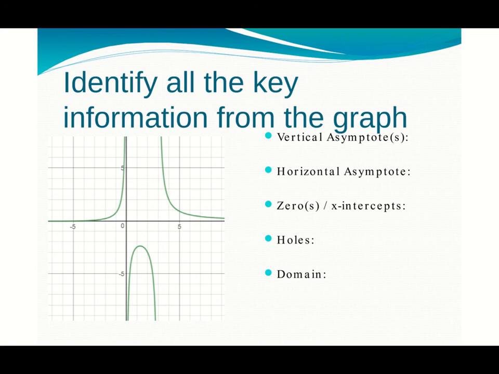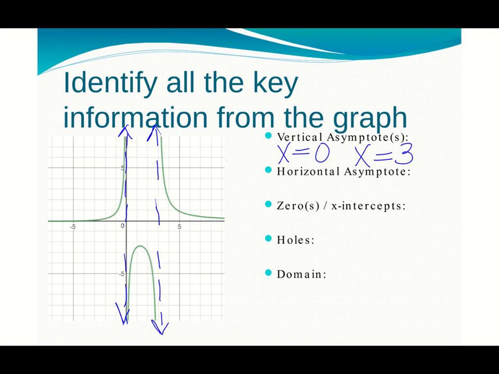So vertical is where are these graphs approaching on our x-axis. So we can see right here at x equals 0, we have a vertical asymptote. But we can see that we also are approaching x equals 3. So we have 2 vertical asymptotes here.